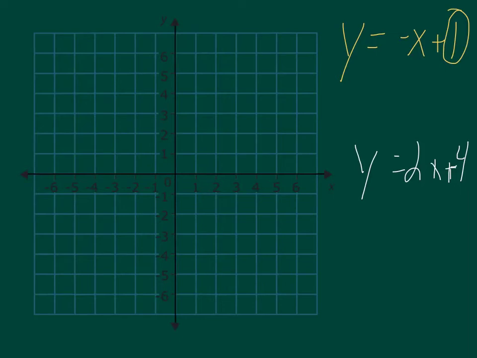So I'm going to start right here at the point where x is 0, y is 1. Now, negative x means it's kind of like negative 1x, and negative 1x can be written as negative 1 over 1. So I'd go down 1 space over to the right 1 space, which would put me right there.